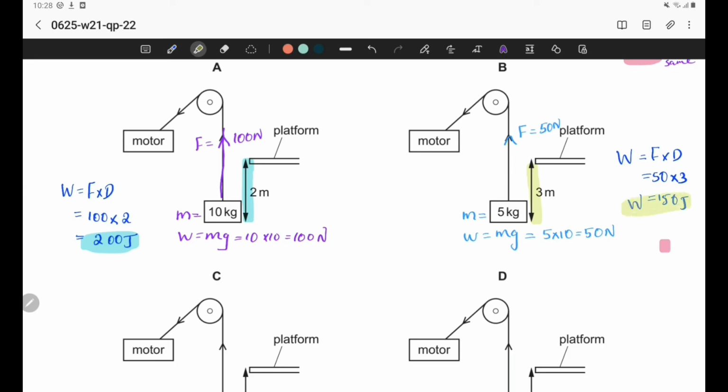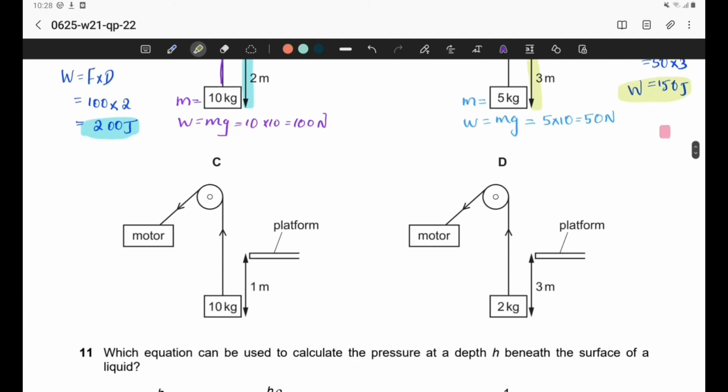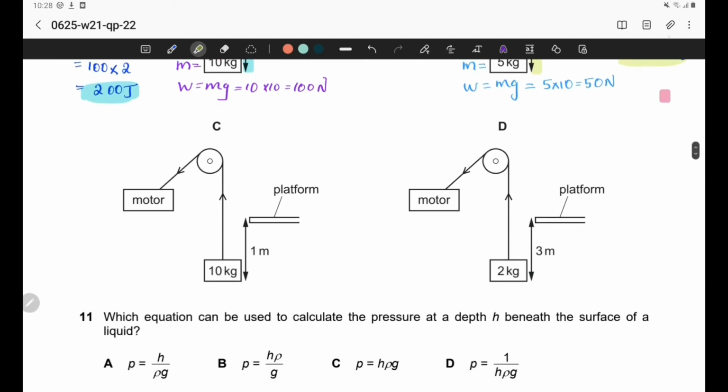So comparing to the motor in option A, the motor in option B has to do less work, only 150 joule. Now we can calculate the work done by motor C in the same way. So here mass is 10 kg, so weight is mass times g, that is 10 times 10, so we will get 100 Newton.